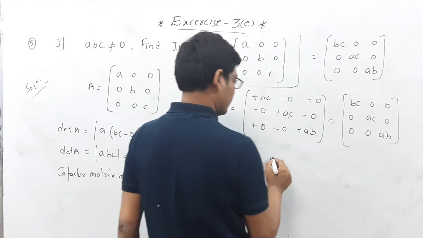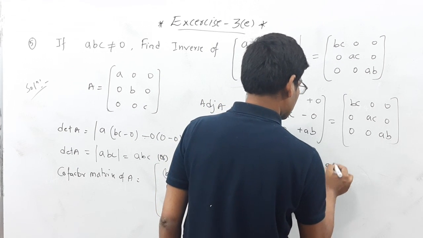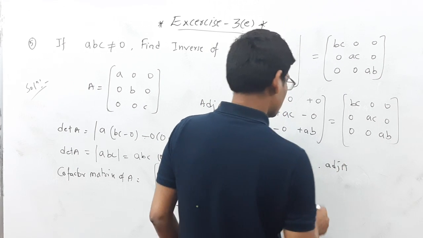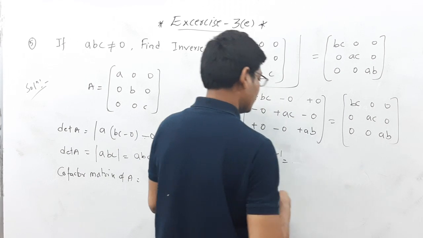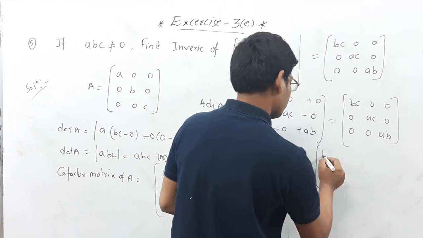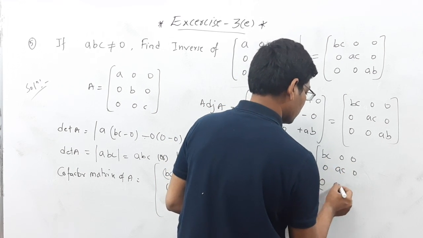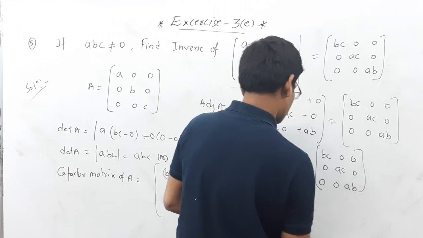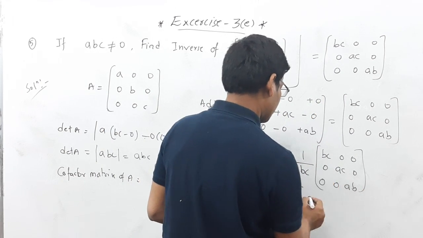A inverse is nothing but 1 by det A into adjoint A. So here I am directly substituting: 1 by det A, 1 by ABC, into BC 0 0, 0 AC 0, 0 0 AB. Now multiply this scalar to all the elements.